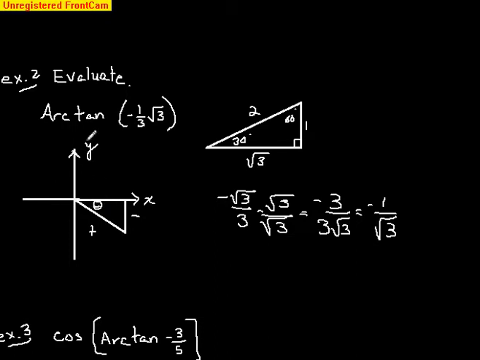So we have to pick, this is arctan. Remember, arctan we're going to evaluate in these two quadrants. So the angle has to be this angle because it's the only one that is negative. This thing is negative, so it has to be down here. So it would be negative, and we went down, so this would be 30 degrees, with sides 1, 2, square root of 3.